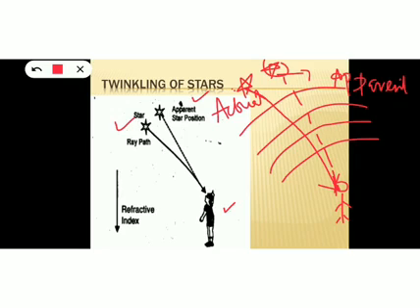So there will be a continuous switching of the star between bright and dim positions. Due to this, we feel that the stars are twinkling. So this is the reason for the twinkling of stars. And what is the cause of twinkling of stars? That is atmospheric refraction. So this is the twinkling effect of stars.